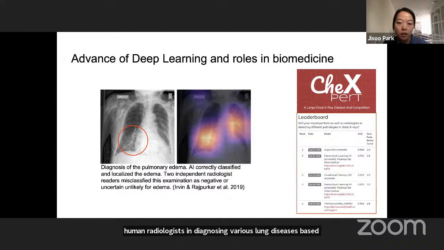And more importantly, the models also accurately localized the diseases in the images. The ability of the deep learning model to localize the disease in the images is very important because it explains why the model made such a prediction, and that information is crucial for doctors to decide the treatment options.